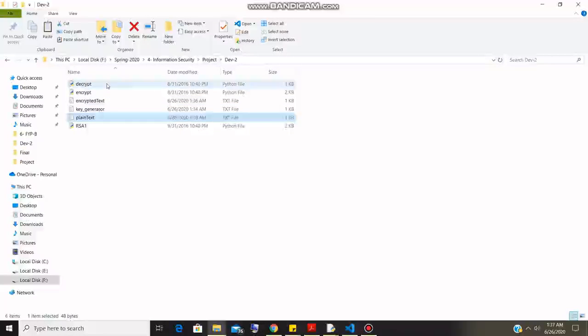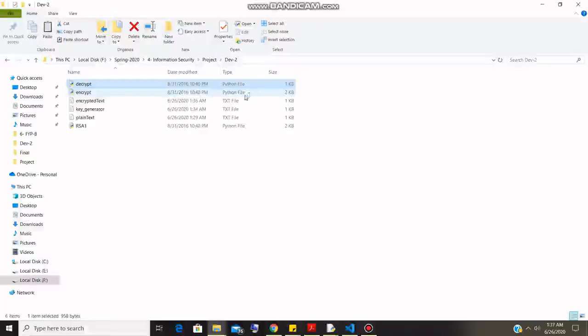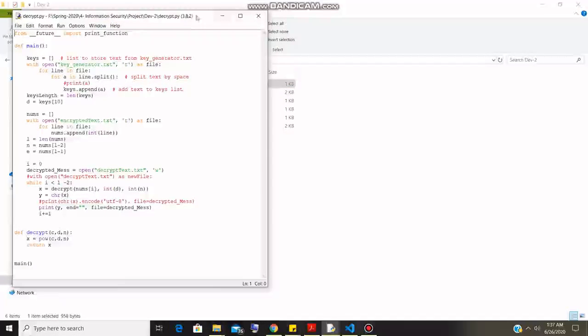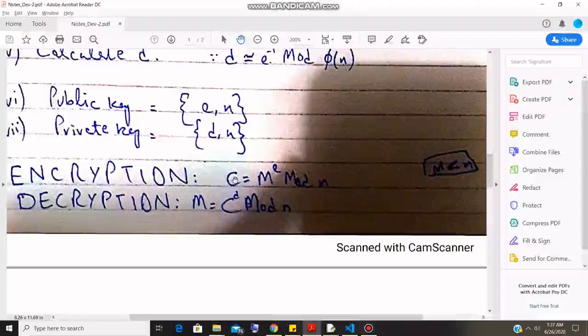So this was the decryption file. In this file we are going to do the same: c raised to power d mod of n.